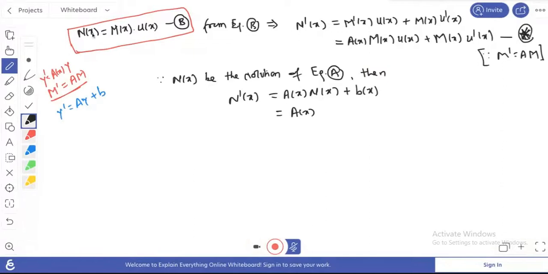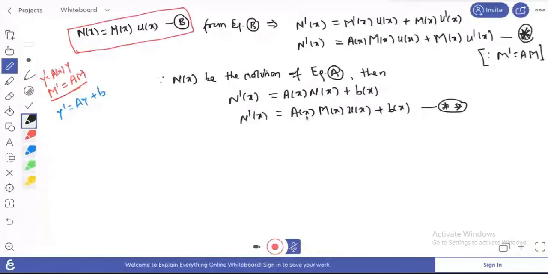N is Mx Ux. So here you can write Ax Mx Ux plus Bx, because Nx equals Mx Ux. So this is your equation double star, and of course here x belongs to that same interval I.